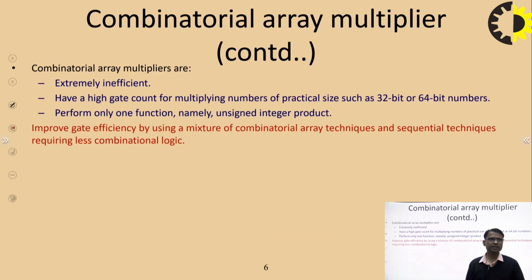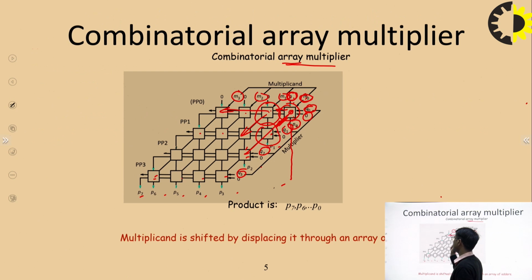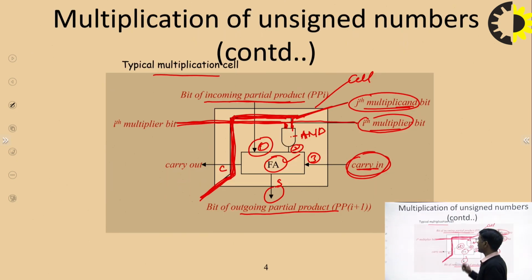Now, if we see the combinational array multiplier here, it is showing inefficiency, and the inefficiency is in terms of the delay. Another performance factor is the high gate count, as we have seen that there are 16 arrays, and each array has these elements of arithmetic logic like full adder and AND gate.